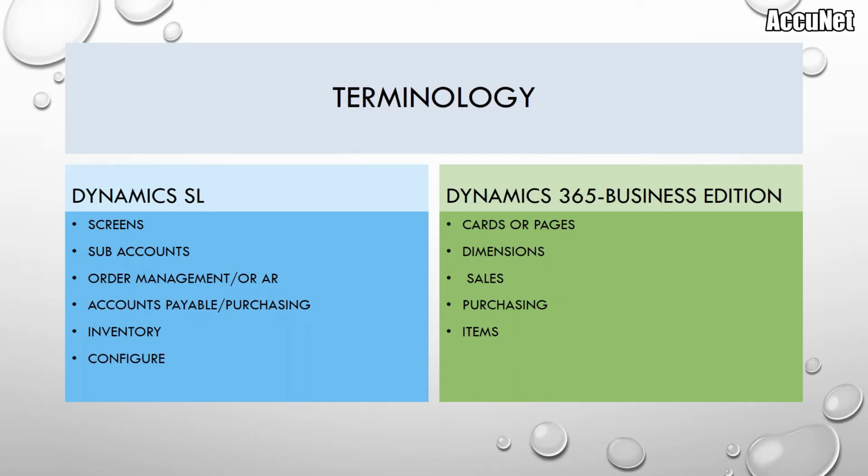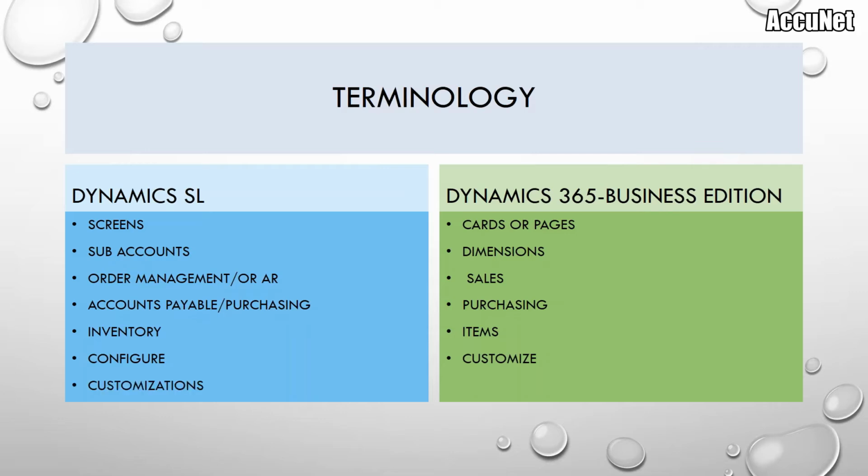In SL, we might customize or configure your system, and when we configure it, it's when we configure specific things where you don't want certain fields and certain screens, or if you want to move screens around, or anything that's not what I consider light customization. What they call that in Business Edition is customization.